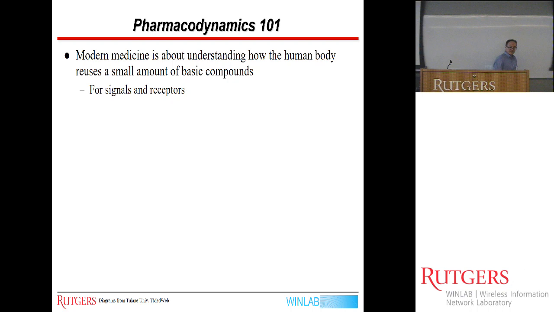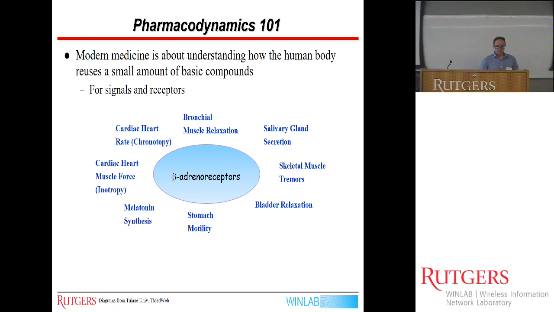As I was mentioning, modern medicine is about understanding how these chemicals affect our signaling pathways. The human body, in a way, is a little fancier than wireless. Wireless is just div, grad, curl, and E and M. But biological systems have a limited set of signaling compounds that they use.